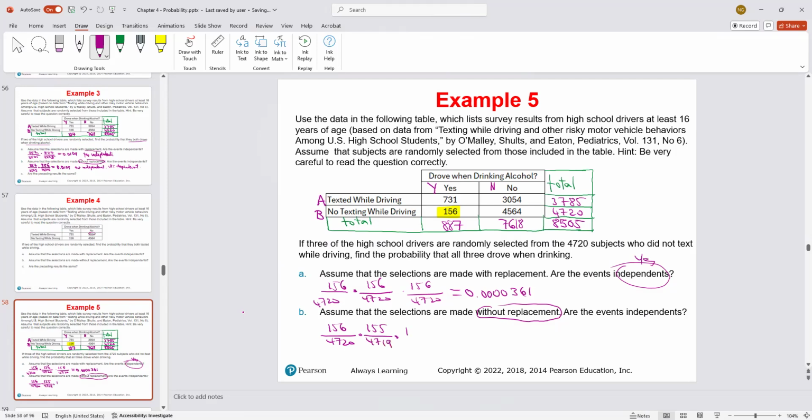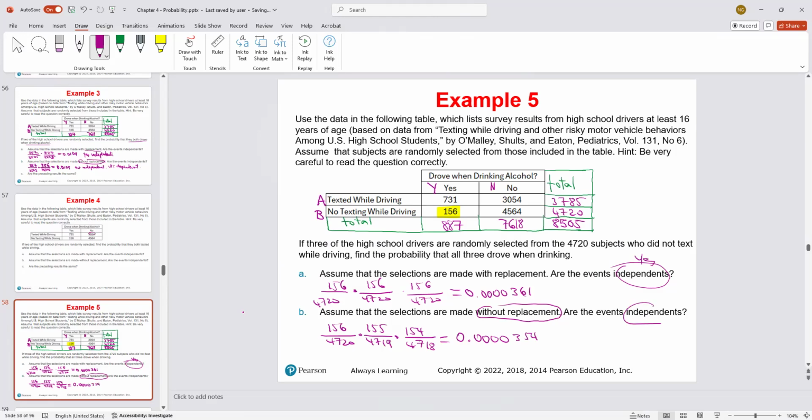And 154 out of 4718. Multiply all the numerators together and all the denominators together and divide, or you can divide each fraction separately. At the end, you multiply and it's 0.0000 and so on. You find four zeros: 1, 2, 3, and 4.